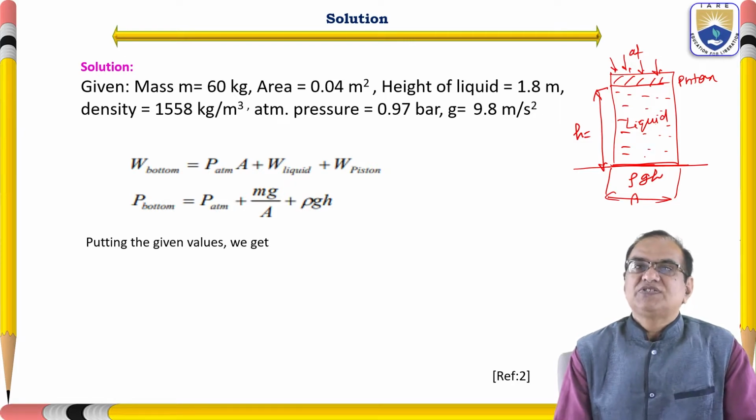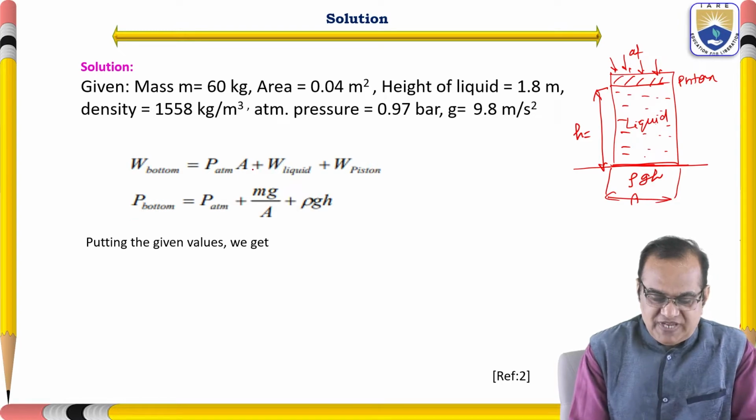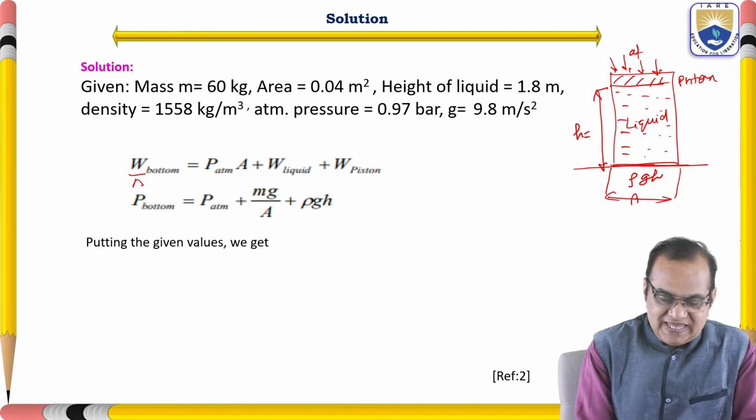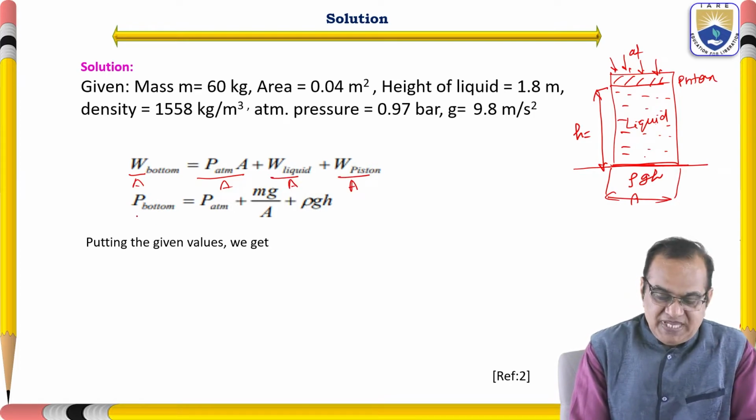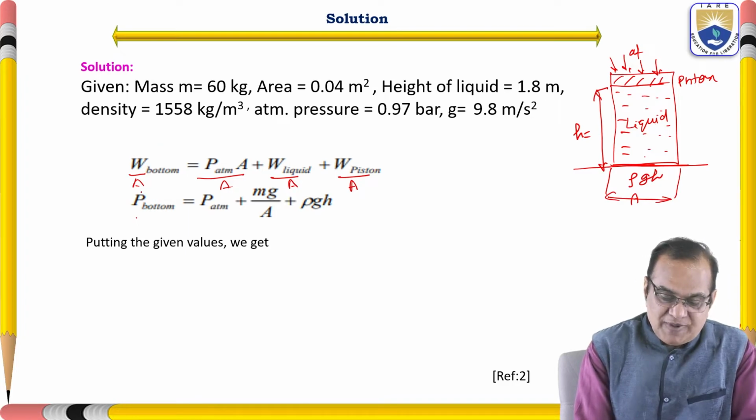Okay, so this we can see. Now if we divide W by A, here also A, and here also A, what will we get? P, the pressure at the bottom, because it is force per unit area.